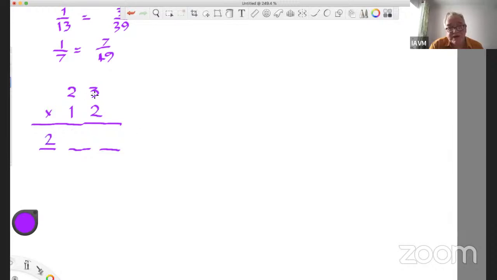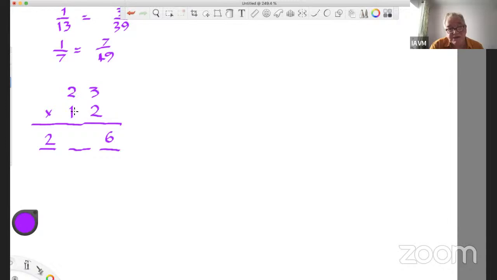The only way in which we're going to get a ones digit is by multiplying the 2 ones digits here. 2 times 3, 6. The tens digit, however, is going to be brought about by multiplying the ones here by the tens here. So that's 2 times 2 is 4. And this ones digit 3 by this tens digit 1. 3 times 1, 1.